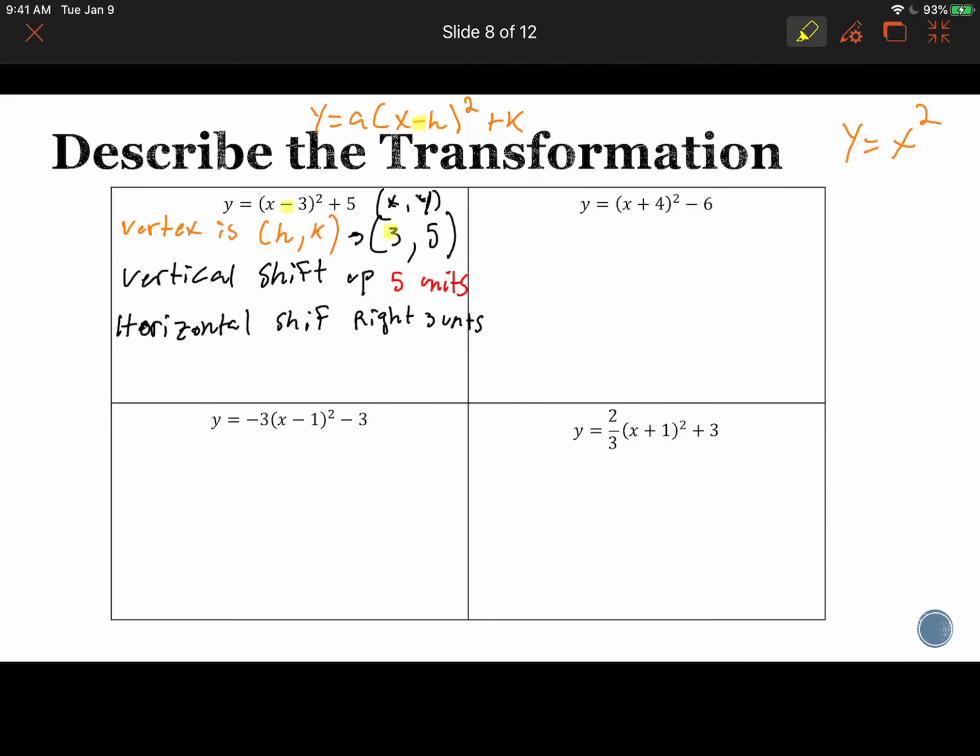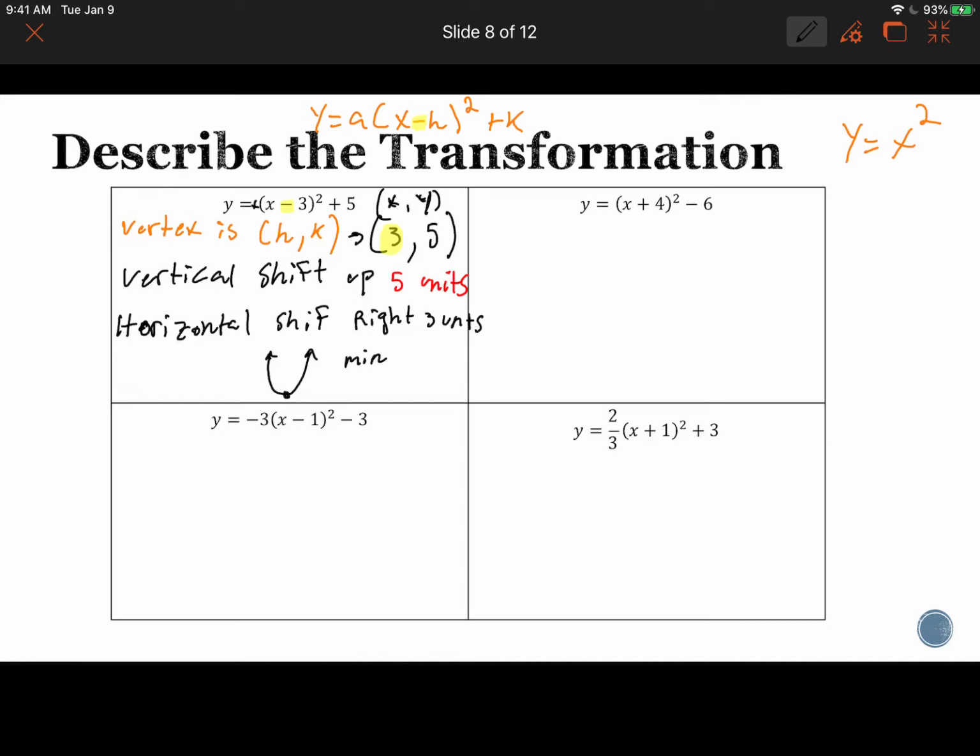And again, because my vertex was moved from (0, 0) right and up to (3, 5). This graph opens up because a is positive here, and hence has a minimum for its vertex.